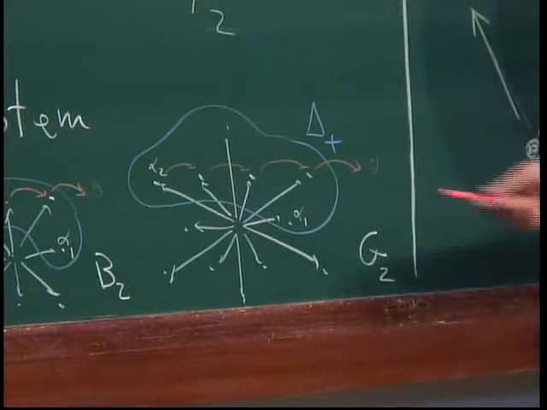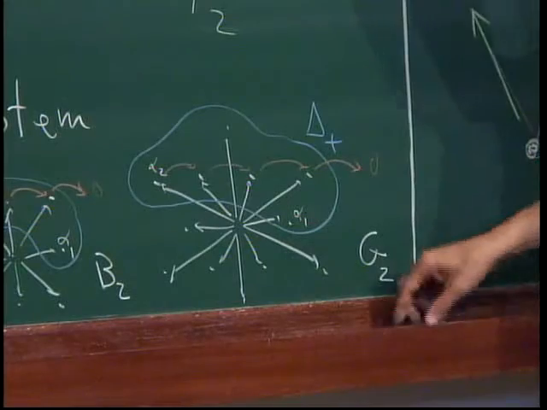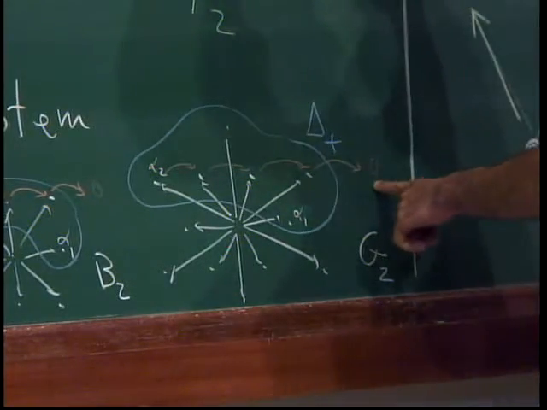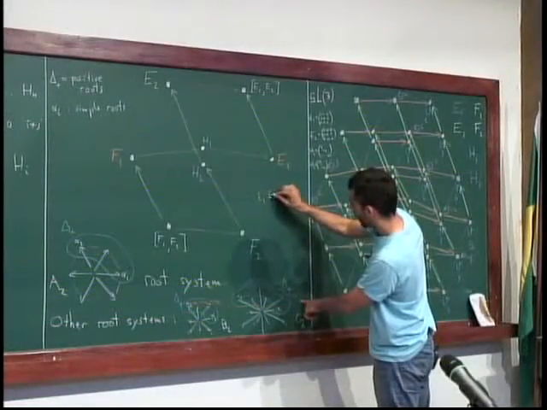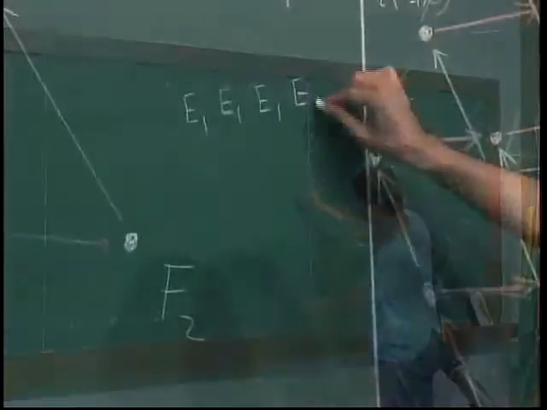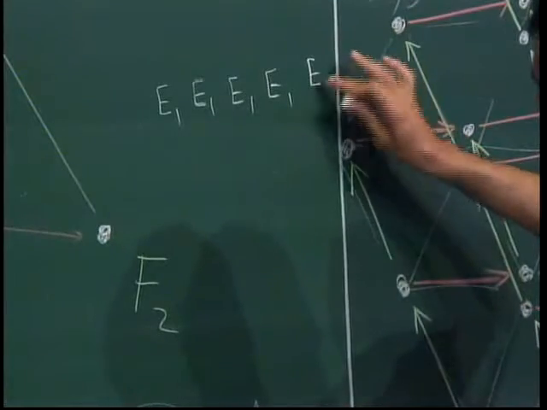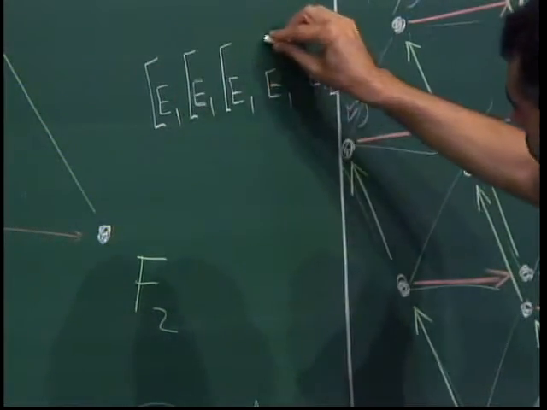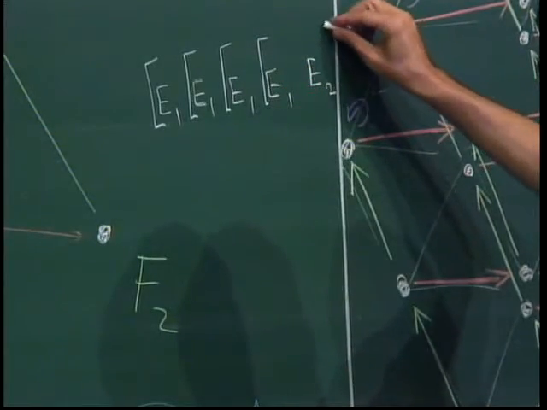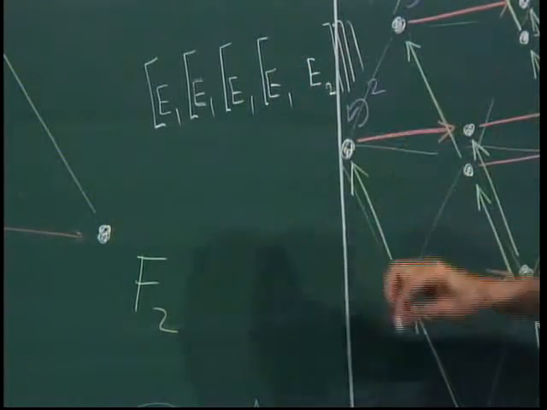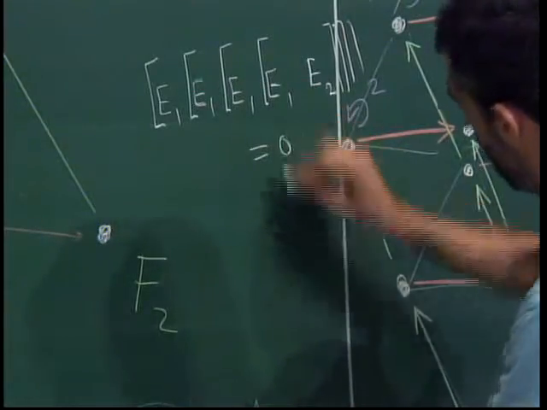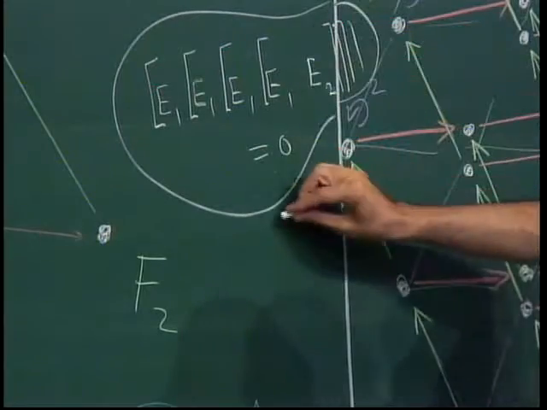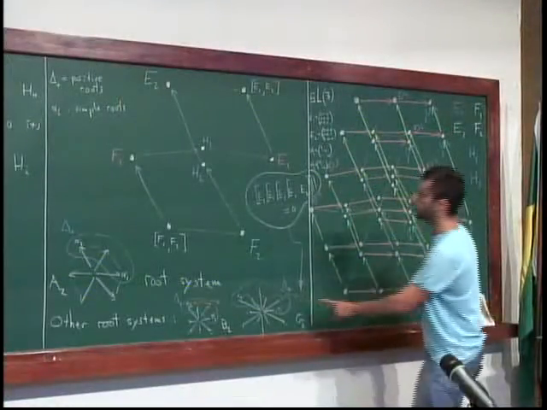So this is 0. It's E1 acting on E2 4 times, with 4 brackets and then 4 closing brackets, and that should be equal to 0. And that is what is happening here.